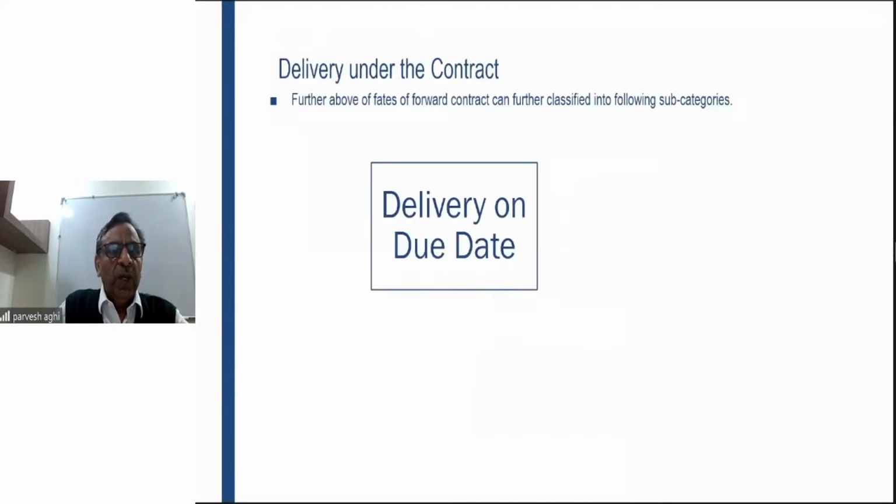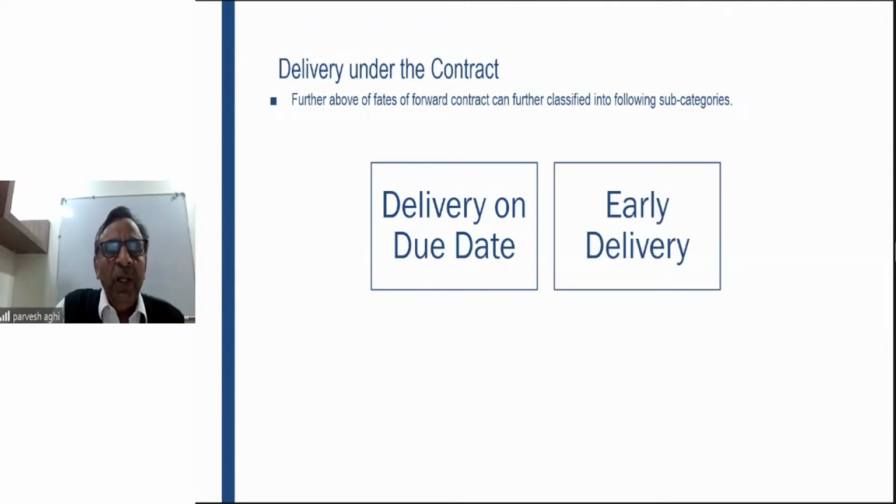Okay, so first is delivery. Delivery can happen on the due date, or you can have an early delivery. What happens is that if we take a forward cover for our exports, and our customer wants to pay immediately, of course we have given them 3 months, but he's ready to pay after 2 months.